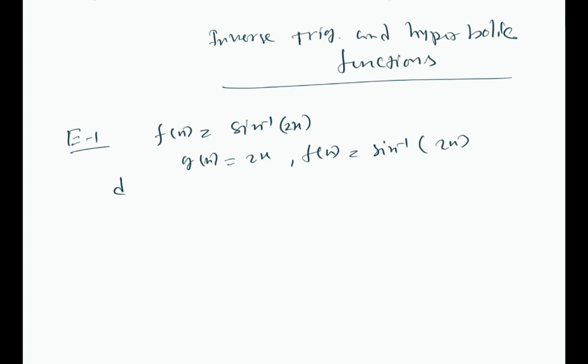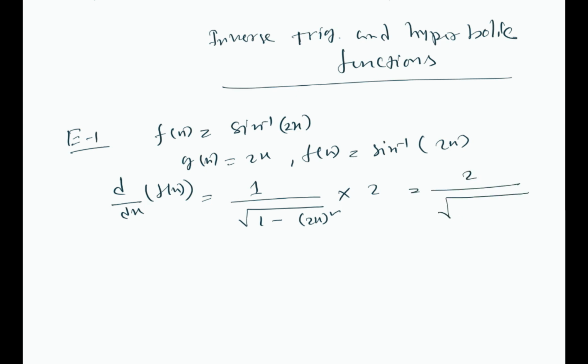So the derivative, d/dx of f of x, is equal to: the derivative of inverse sine of x is 1 over square root of 1 minus x squared, but here in place of x we have 2x, so 2x all to the power 2, and now we differentiate the inner function, 2x. The derivative of 2x with respect to x is only 2. So the final answer would be 2 over square root of 1 minus 4x squared.